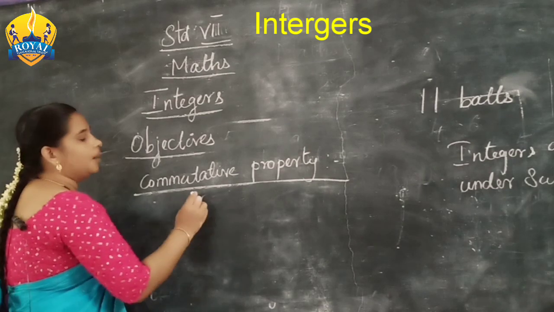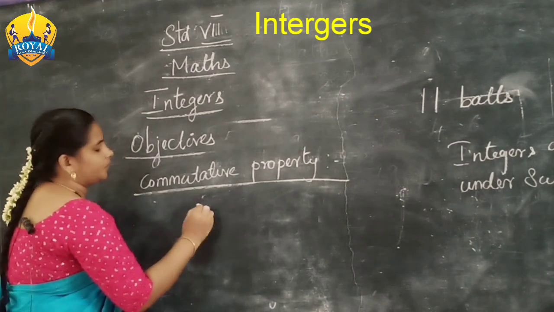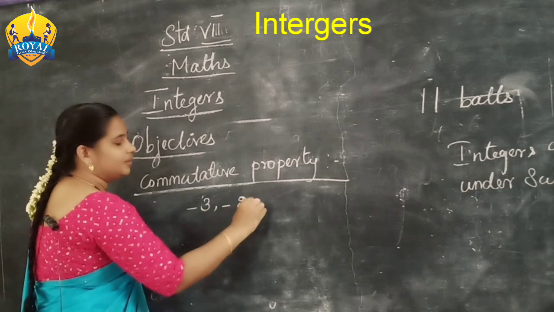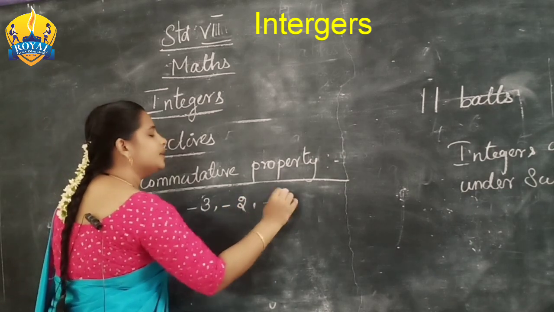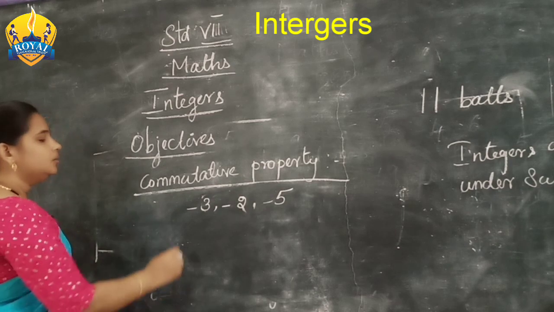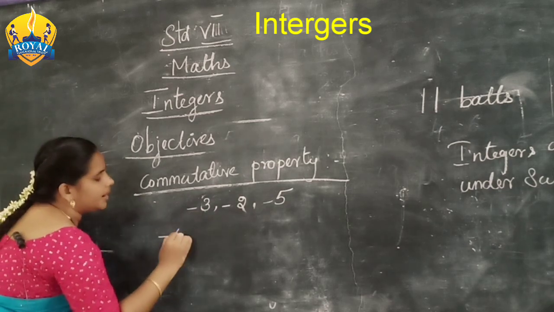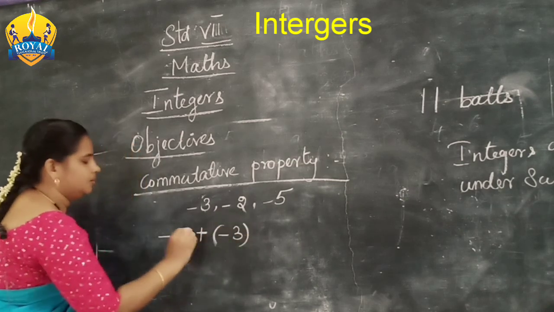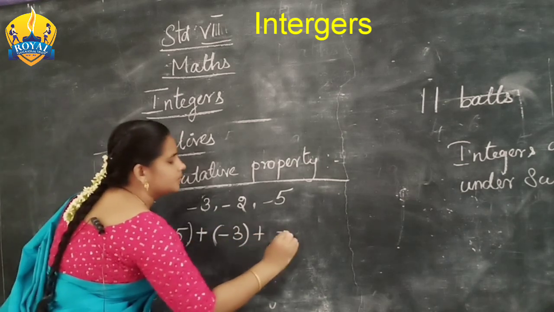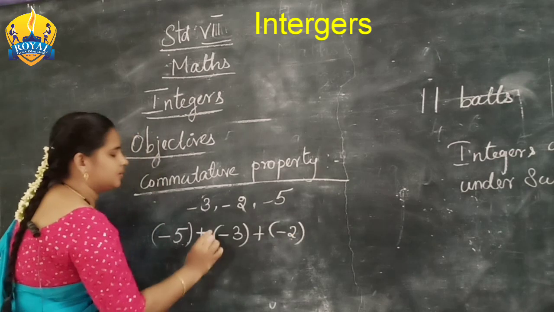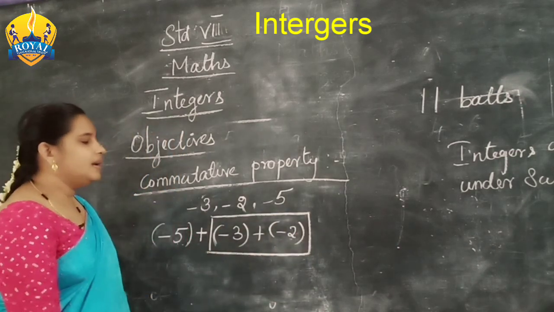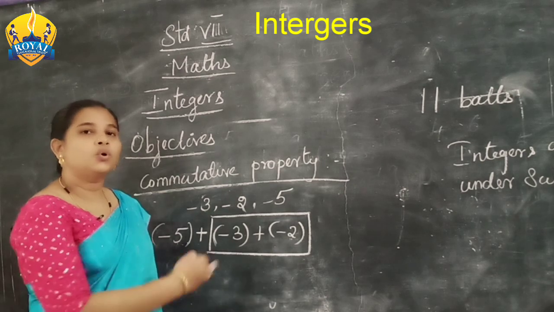Now observe the examples. Minus 3, minus 2, minus 5. Minus 5 plus minus 3 plus minus 2. Minus 3 plus minus 2 are grouped together.